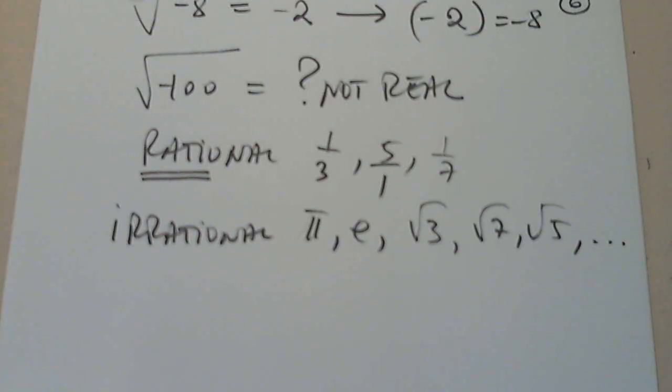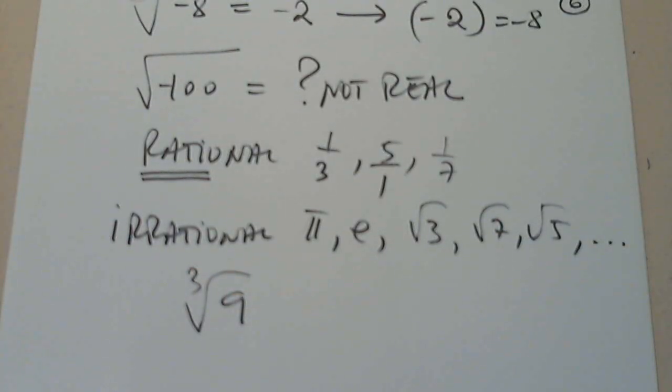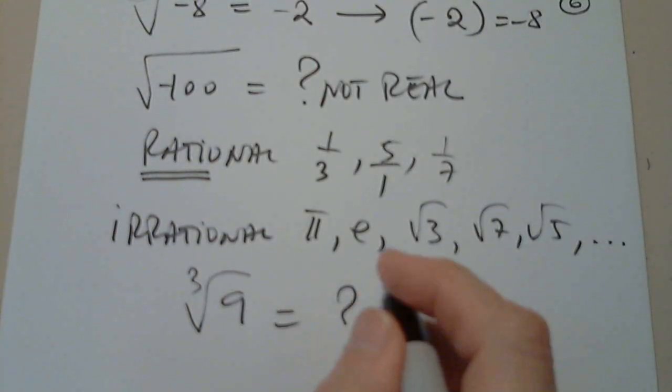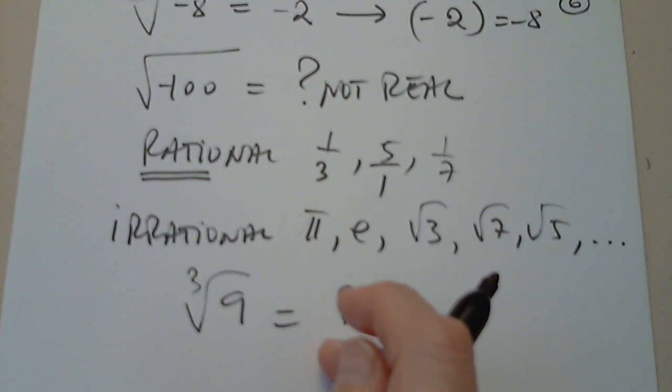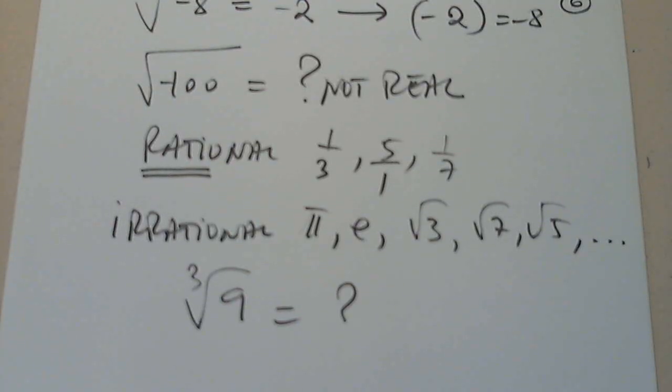So if I cannot take the square root or the cube root, for example, the cube root of 9 is irrational. It will go on forever because I don't have an integer that I cube to get 9. Remember we discussed last time that the cube root is power 1/3.